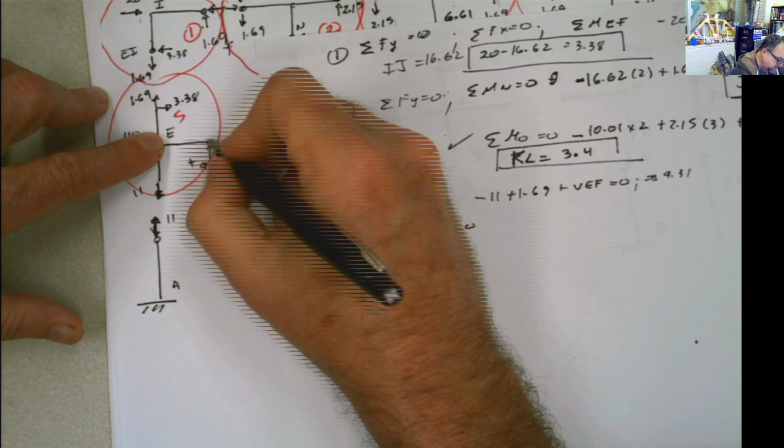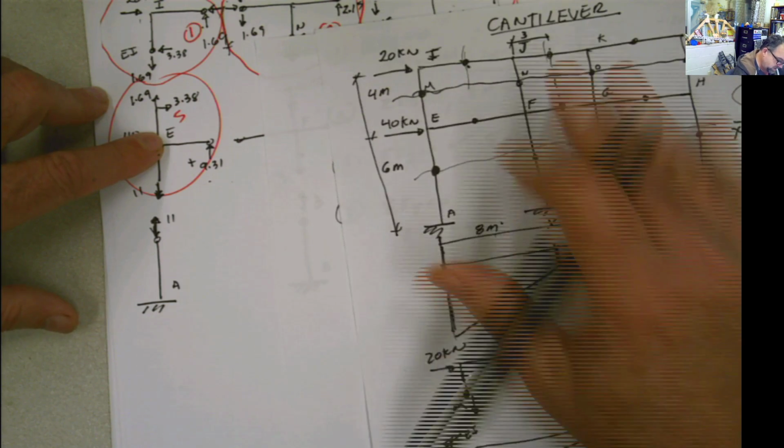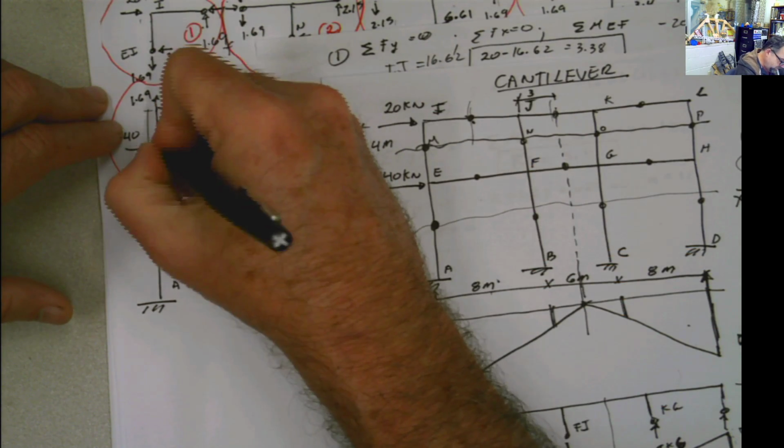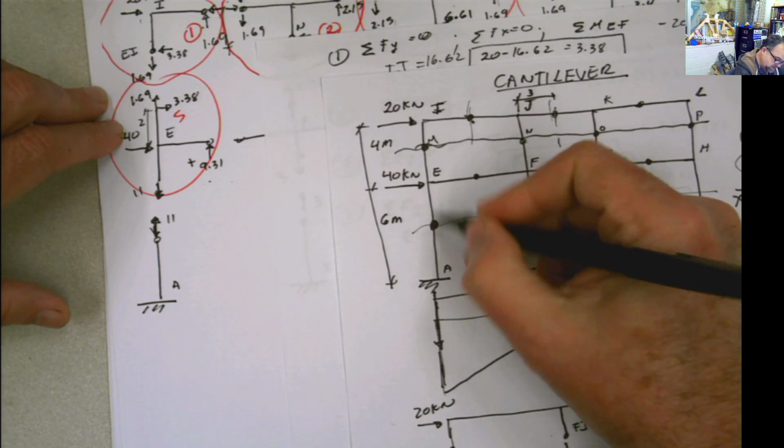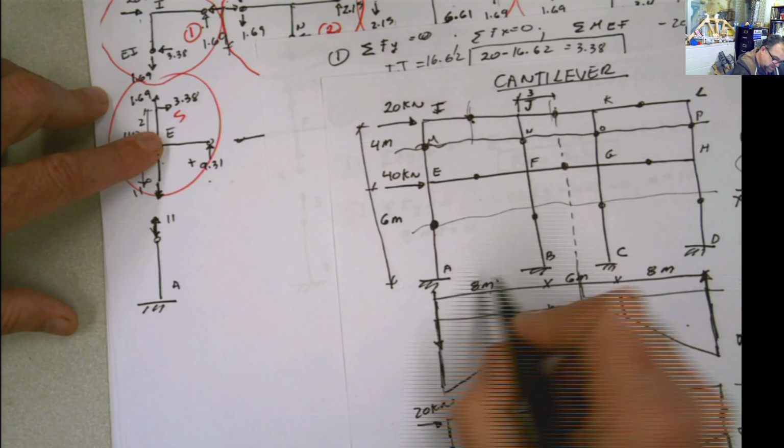So if I do moment at E, this distance here is 4. This distance here is 2. This distance here is 3. And this distance here is 4.